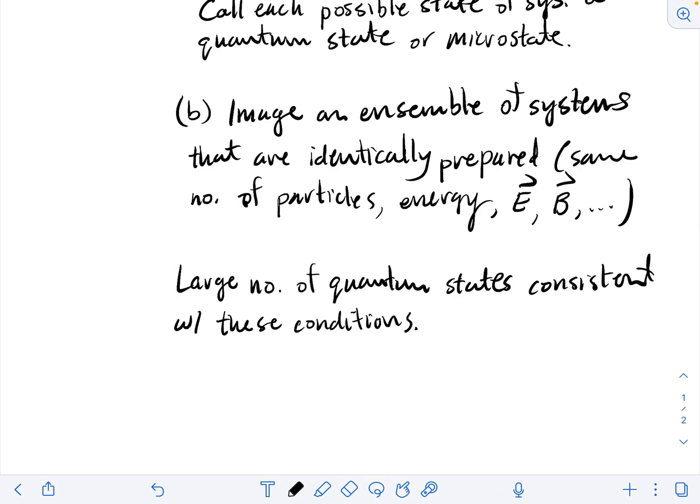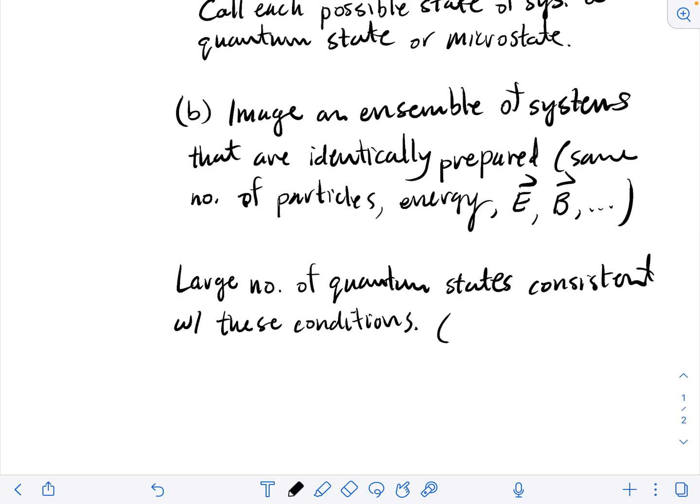All the particles can be in different positions, which corresponds to different microstates. Each of the individual particles will have their own momentum that isn't the same in each of the jars, and so those all correspond to different microstates. And all of these different microstates are consistent with a jar of gas at a fixed volume and a fixed pressure at the same temperature, and all of these things. Okay.